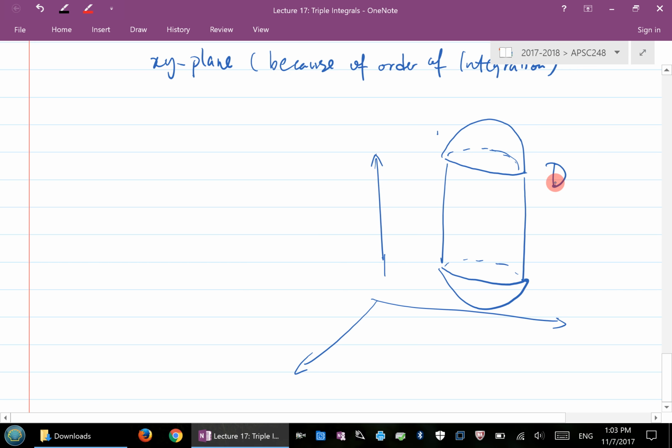This is your region D. Let's say you sketch region D, and then you sketch the shadow of the region D. So project the region D down to the XY plane. Maybe the projection looks like a shadow like this, just a random shape. So this is your region D, and here's your shadow R.